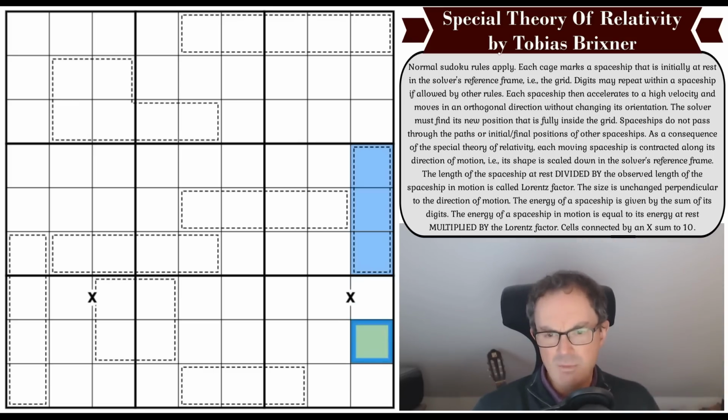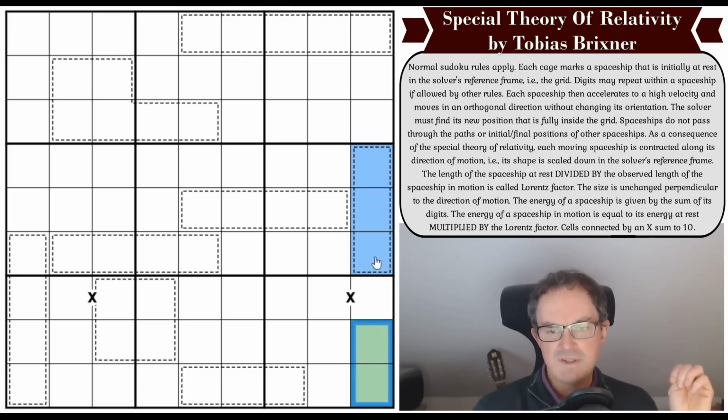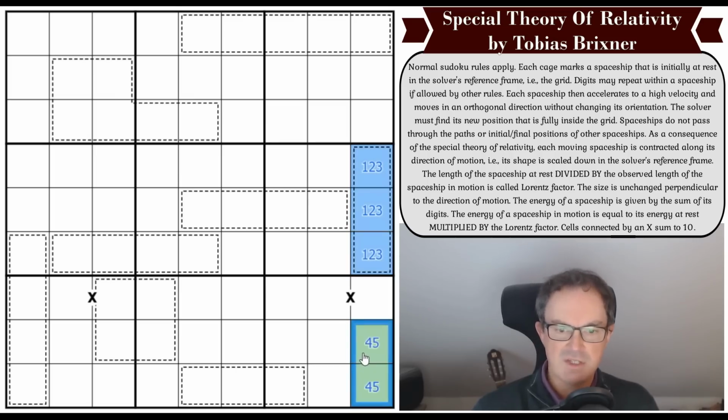In fact, it's almost a bit difficult. Let's just say it went there. So now the ratio, oh, I see, it's 1.5, isn't it, effectively? It's 3/2. So whatever I put in there, if this was 1, 2, and 3 again, this would have to add up to 9. Oh, that's actually very easy to do.